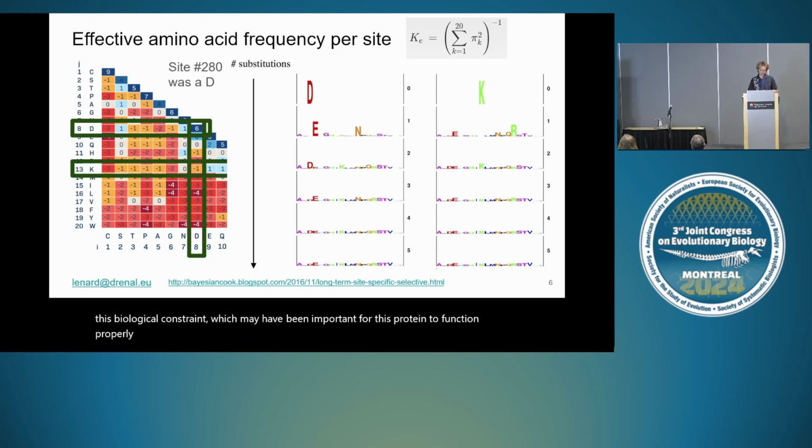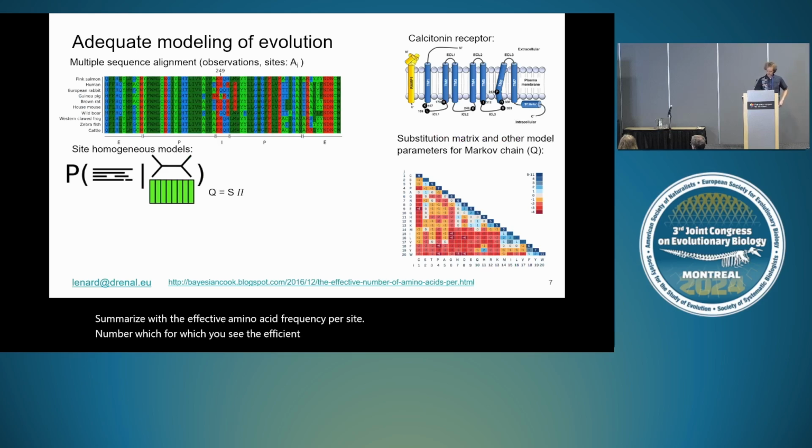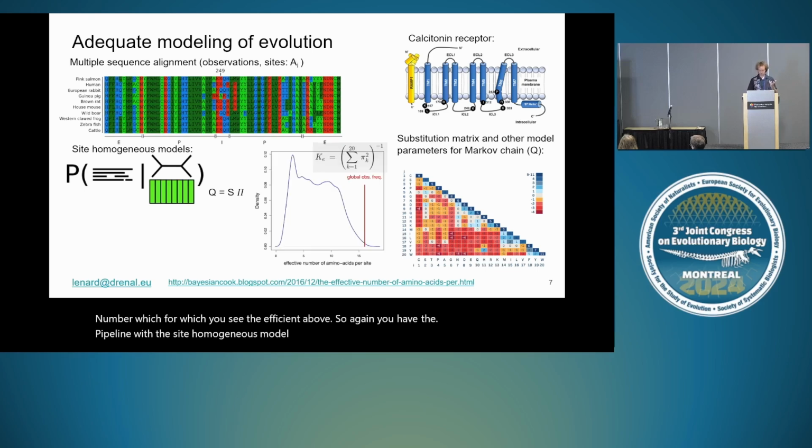And this per-site amino acid frequencies we can summarize with an effective amino acid frequency per site number, for which you see the equation above. So again, you have the normal pipeline with a site homogeneous model, but you have the knowledge from Lénárd Szántho and from me that your amino acid frequency, the global amino acid frequency, is not necessarily the one which your site is constrained to.